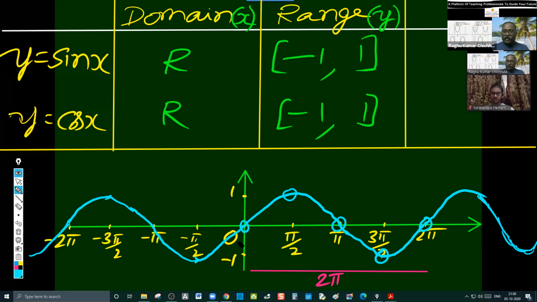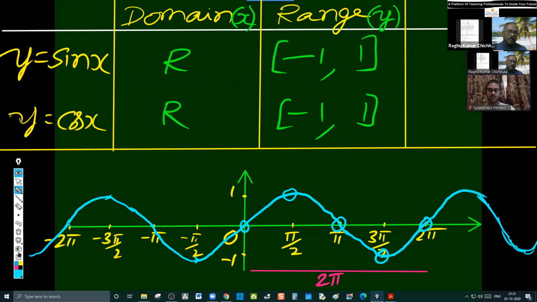So it is periodically repeating whatever the shape is in between. So the period is 0 to 2 pi, even though it is not given in your CBSE textbook. We call it the fundamental period. Very simple, don't think more about that.